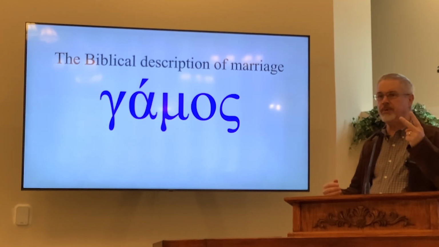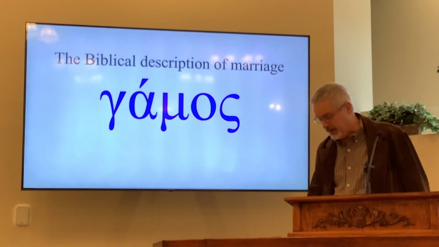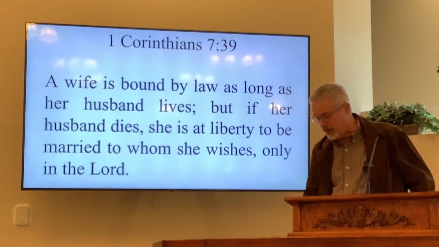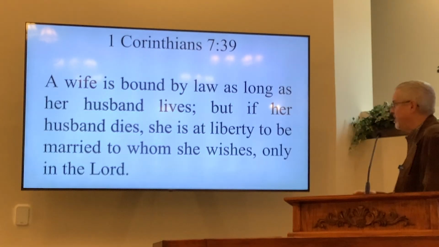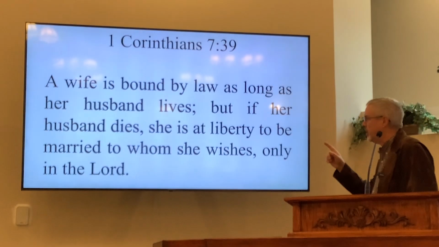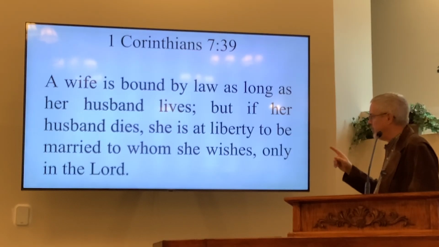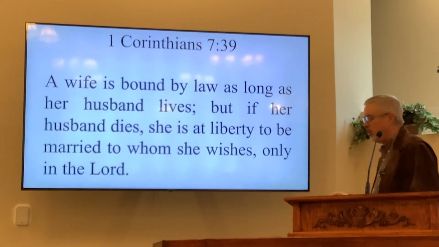It's going to help define what marriage is. It's not the only way, not the limitation of it, but we go to 1 Corinthians 7:39. A wife is bound by law as long as her husband lives, but if her husband dies, she is at liberty to be married to whom she wishes, only in the Lord.